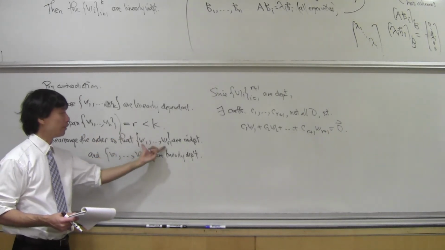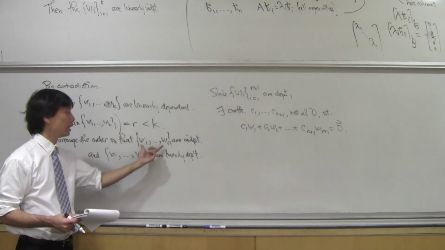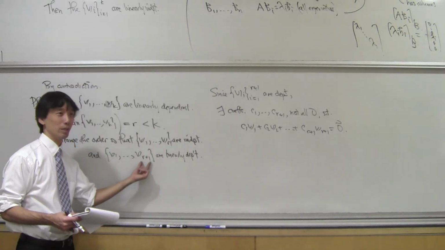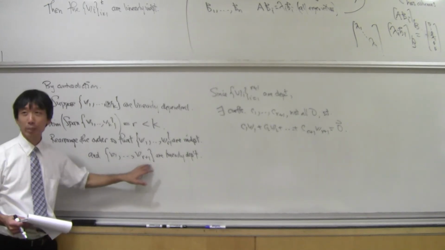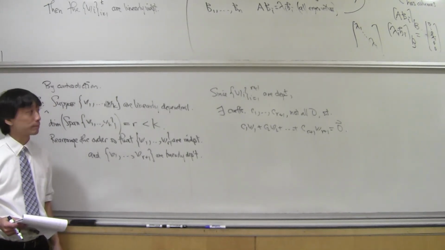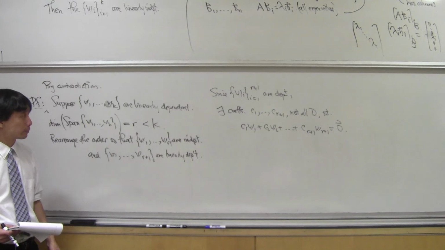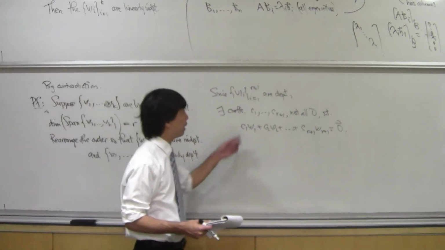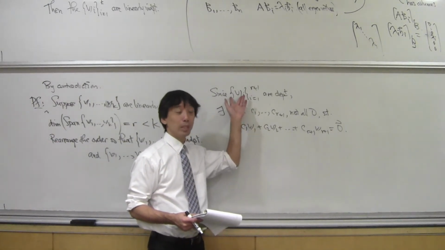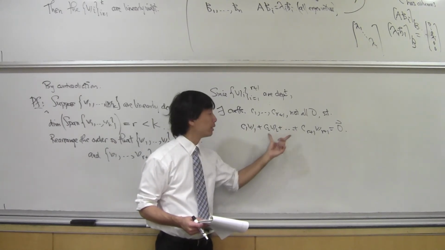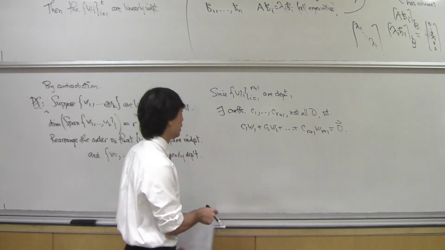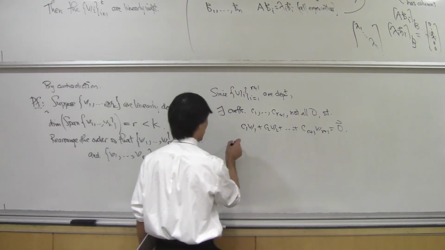That means that we can find these r guys who are independent, and then if we throw one more in, it becomes dependent. Okay. Well, the r plus 1 guys are dependent, so we can make a linear combination that gives you the 0 vector, right? And now we're going to mess around with it a little bit.